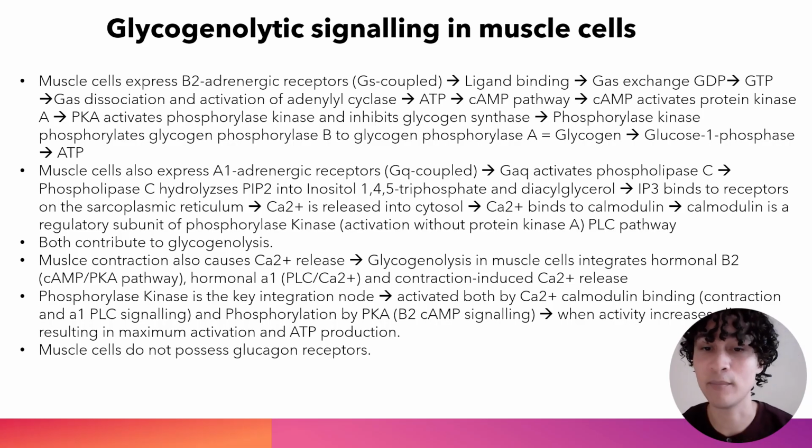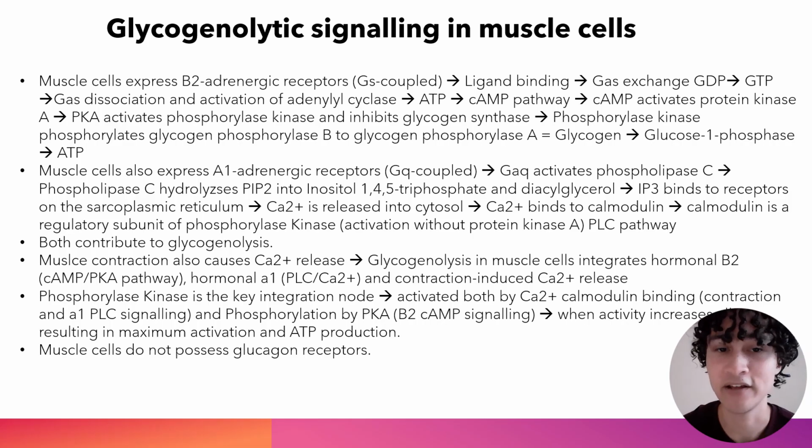And upon ligand binding, of course, epinephrine will bind to those alpha 1 adrenergic receptors, and again you still get the guanine nucleotide exchange, the guanosine exchange factor. That GDP is exchanged for GTP. GTP binding is favoured on that alpha subunit. That alpha constituent will dissociate, but instead of activating adenylyl cyclase, it will activate the enzyme phospholipase C.